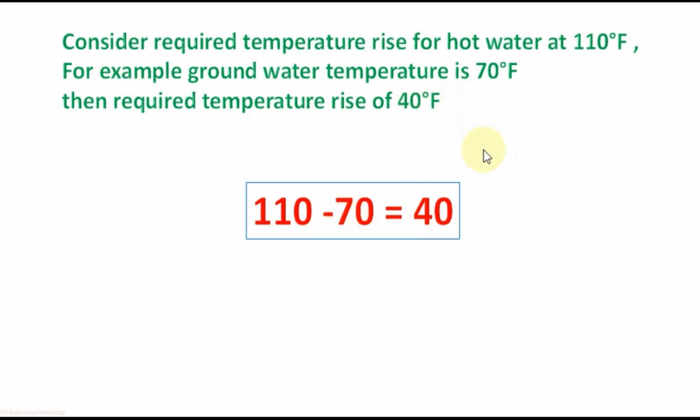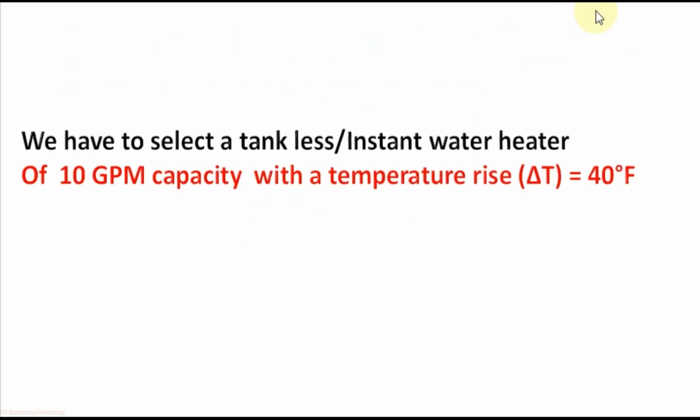For your calculation, you need to consider your actual temperature rise requirement, and the actual temperature available for your groundwater. Then after doing this calculation, we have the result. We have to select a tankless or instant water heater of 10 GPM capacity with a temperature rise of 40 degrees Fahrenheit.